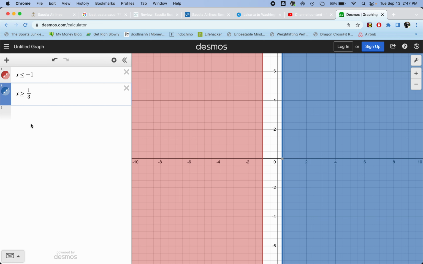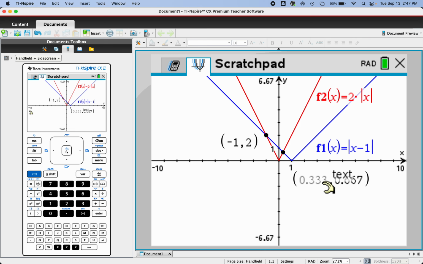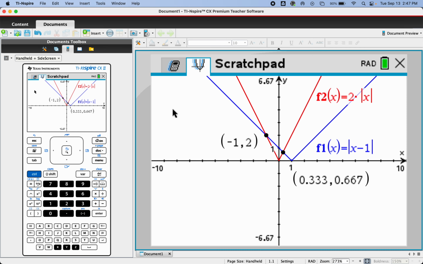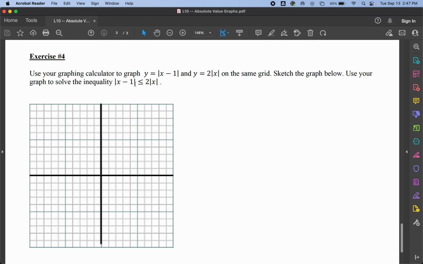Okay, and actually, let's just use Desmos, right? So you need to know how to do this on the Nspire for any assessments, right? But, you know, in class, or if we're not being assessed, we can use Desmos. So I'm going to put these original equations in, right? y equals |x| minus 1, y equals 2|x|, and see if they match the solutions that we're getting.